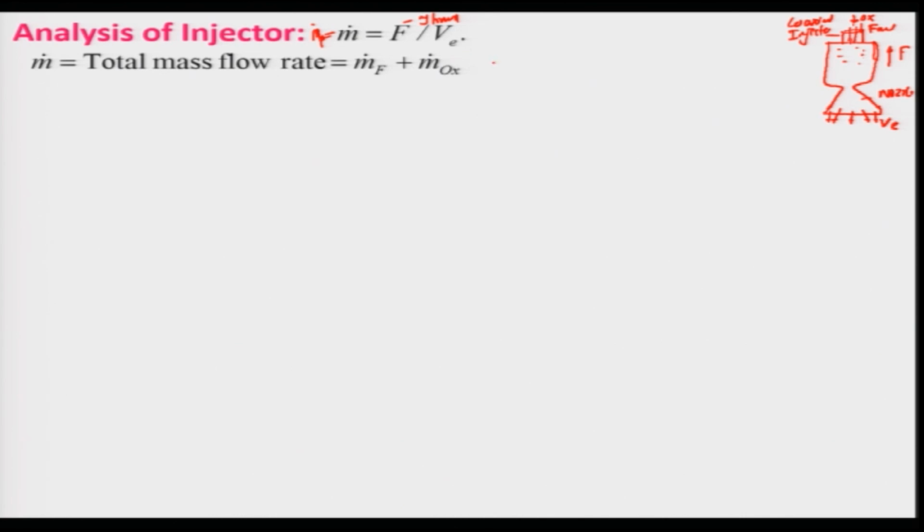And if I divide this by the mass flow rate of fuel, m dot f, we will get this as a mass flow rate ratio, and this is equal to 1 plus m r, if I define this as the mass ratio.